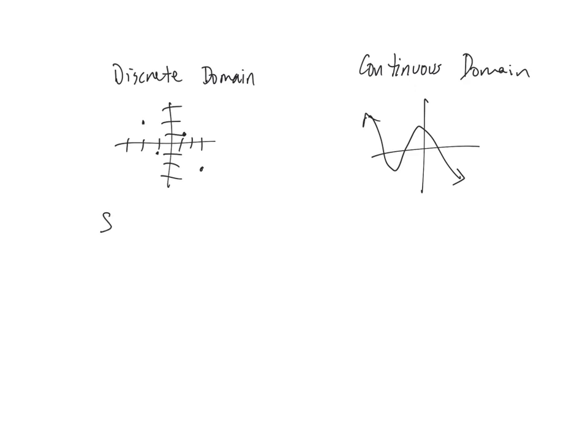For a situation, you want to ask yourself, can I do half? So shoes, can you have half a shoe? No. So that would be discrete.